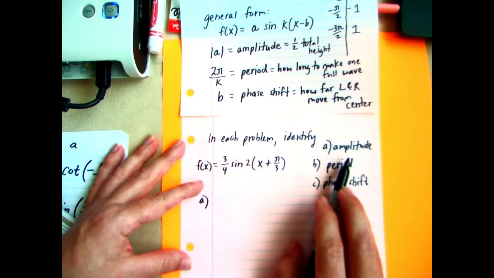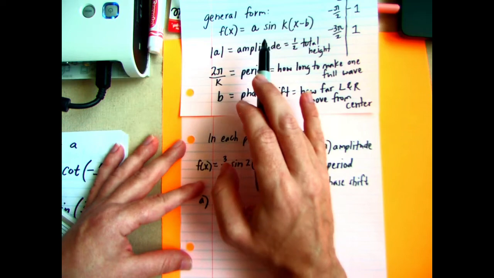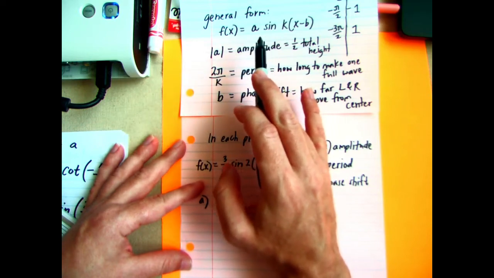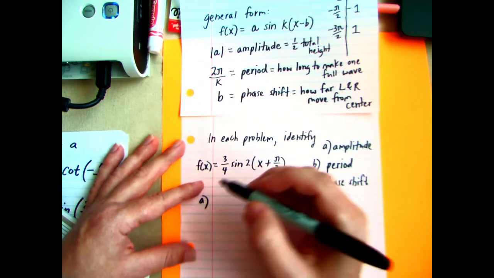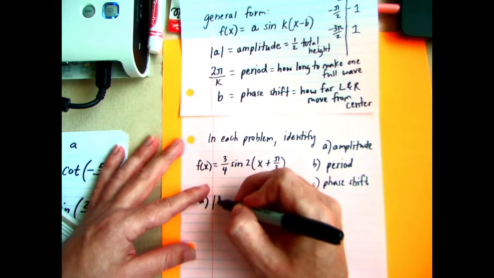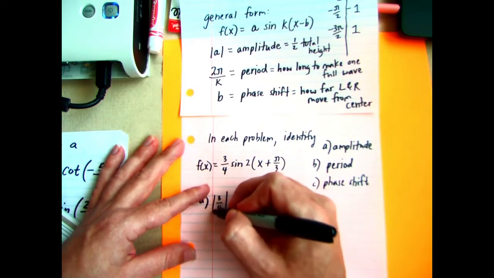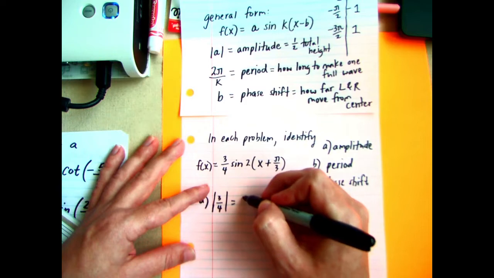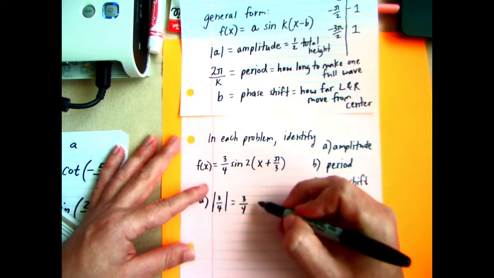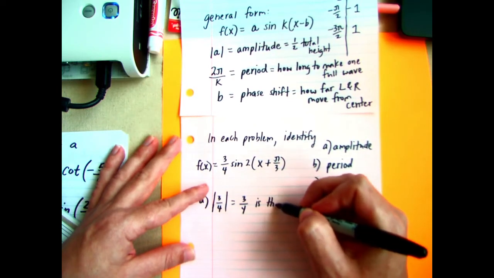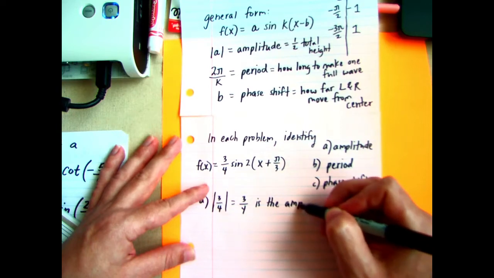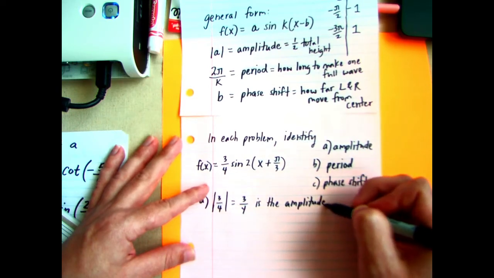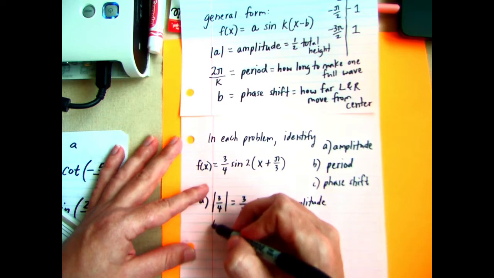The amplitude. Well, the number in the very front, a, is 3/4. The absolute value of 3/4 is 3/4. So that is our amplitude, which again represents the height of the wave from center to top.